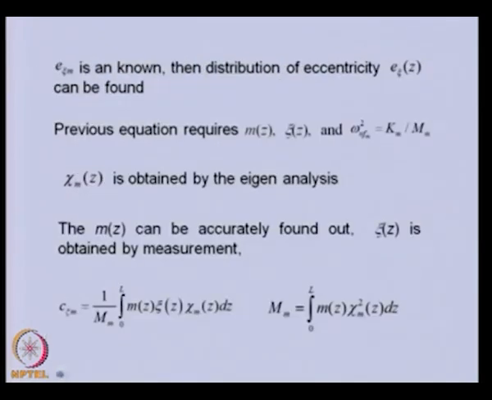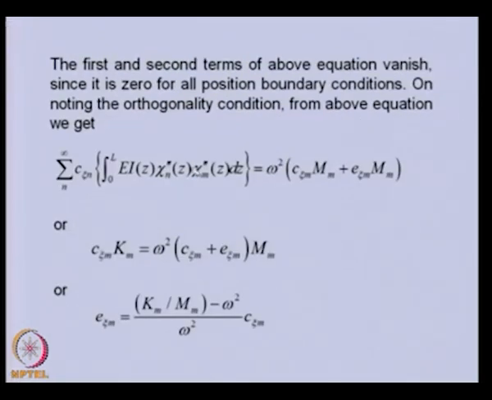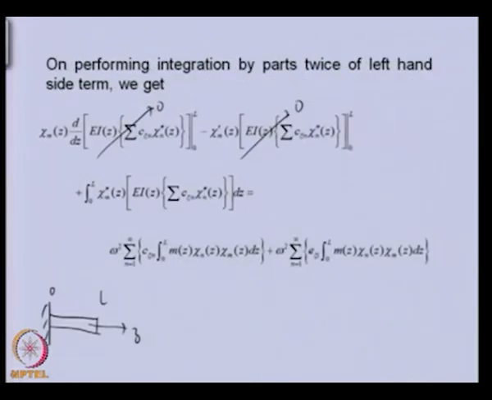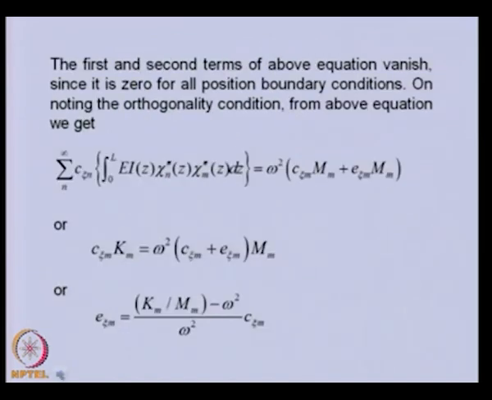So this expression will come like this, and in the right hand side we already have this as the generalized mass, and this is also generalized mass; these constants are outside this integral. So these are the generalized mass, and these are the constants corresponding to the response and the eccentricity. This equation we saw earlier is nothing but the generalized stiffness. So that can be written like this.